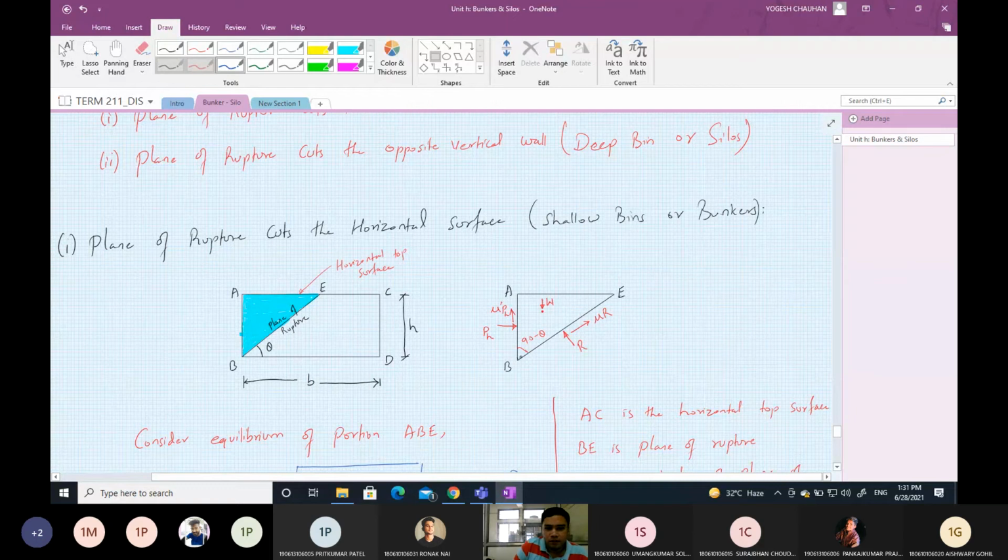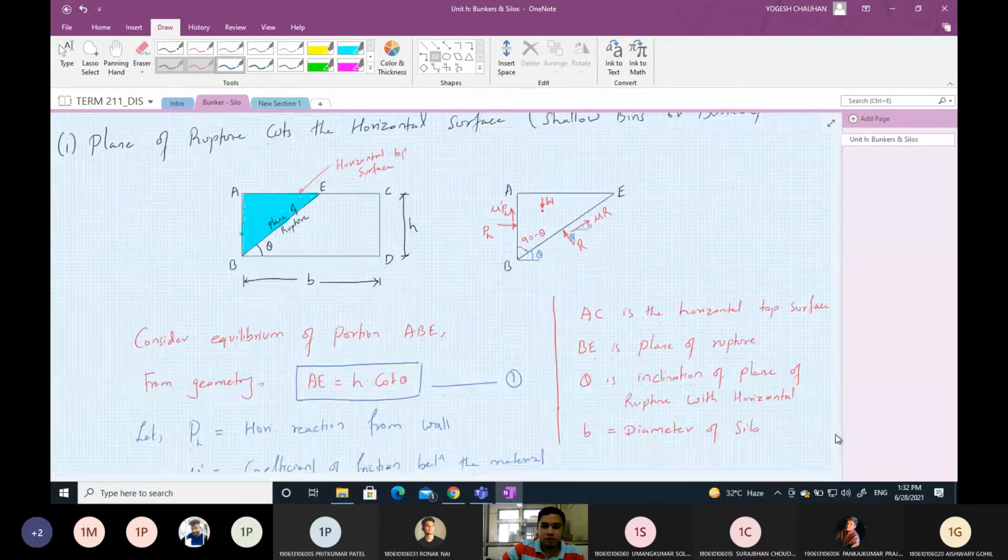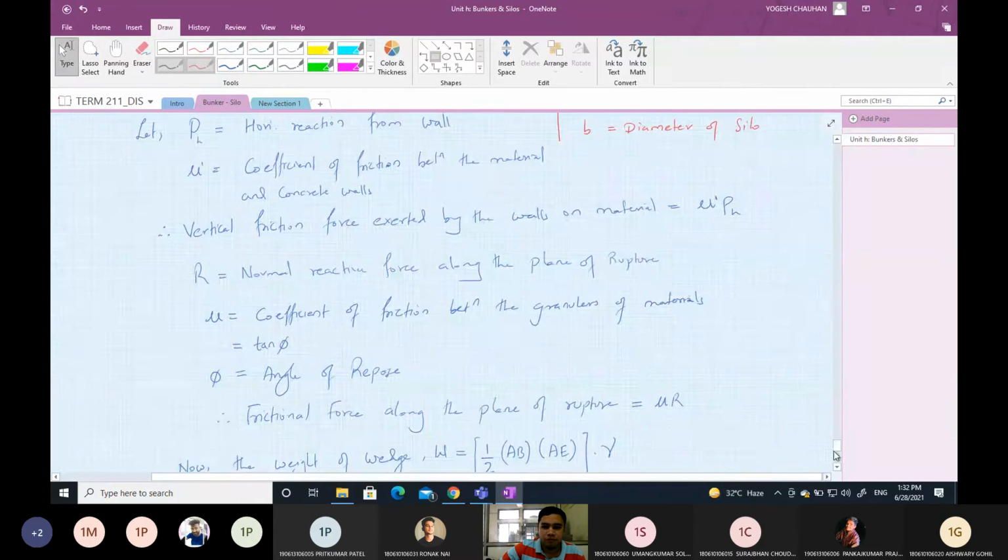See, if this is theta, then this is also theta, and this is also theta. So mu r sin theta, mu dash pH, and r cos theta. So these are all the vertical forces, and they should be in equilibrium since the wedge is in equilibrium.